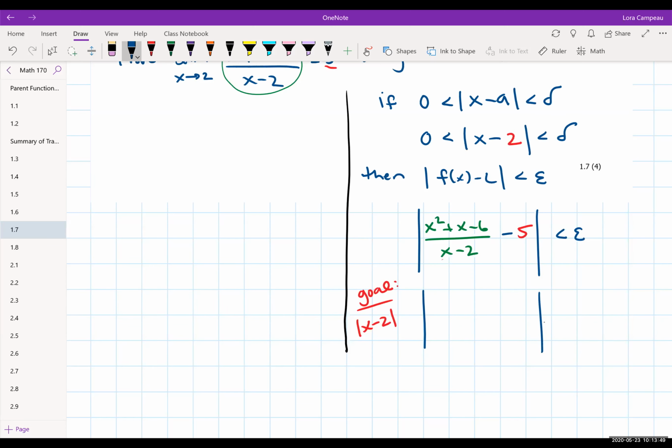Let's see if we can factor the x squared plus x minus 6. So I just try that first. And remember now we're bringing back factoring trinomials to the front of our mind. We're trying to find factors of -6 that add up to 1, we should have an x plus 3 and an x minus 2.